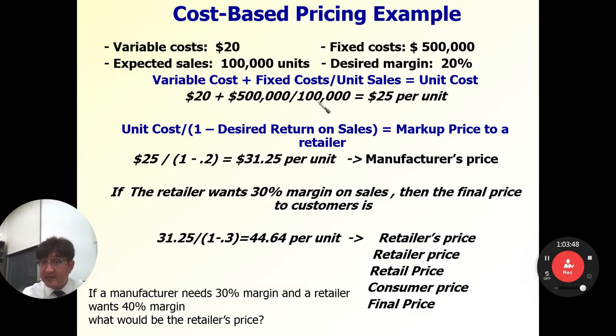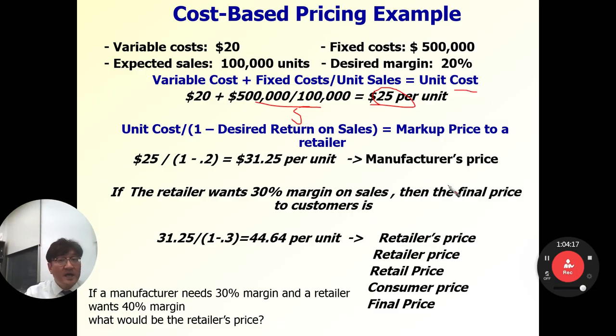We did it, right? Fixed cost per unit actually varies. Remember, the fixed cost divided by your unit sales. The fixed cost here is 500,000 divided by 100,000 units. Then this is going to be $5, right? So $20 plus $5, so $25 per unit is going to be your unit cost.